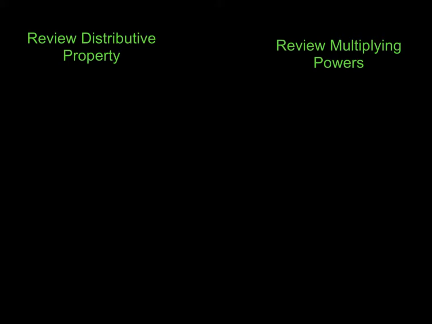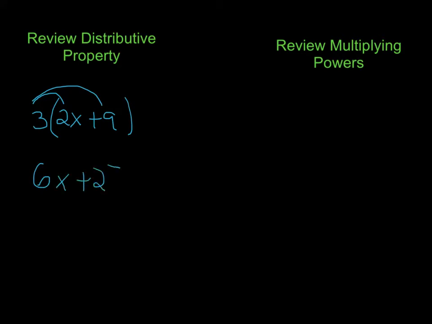So first, let's do a very quick review. Just two easy concepts that you need to know before we do today's lesson. First, the distributive property. If you have 3 multiplying 2x plus 9, you simply multiply the 3 by everything inside the parentheses, and this becomes 6x plus 27.